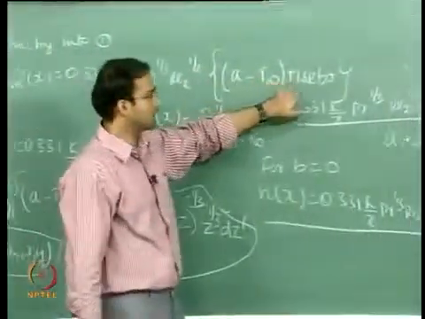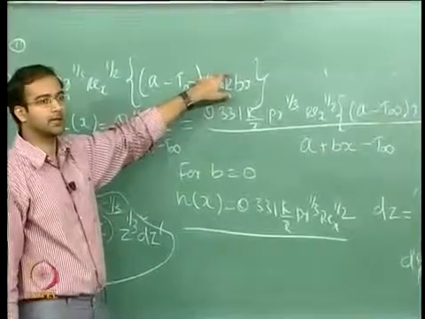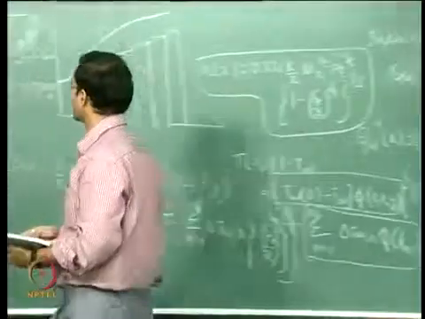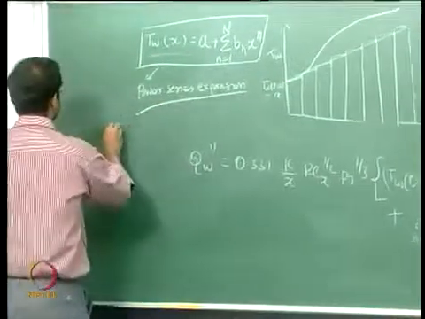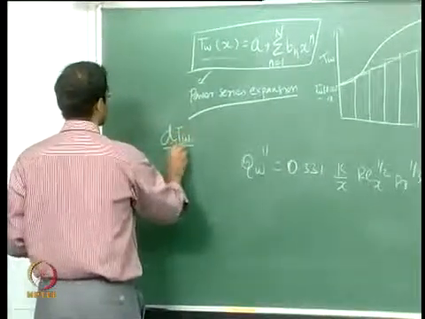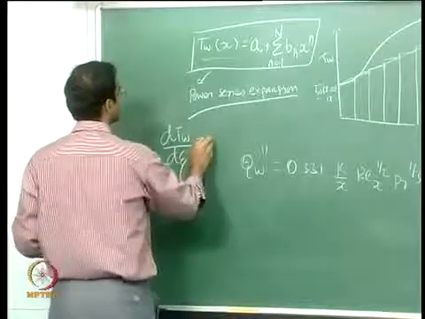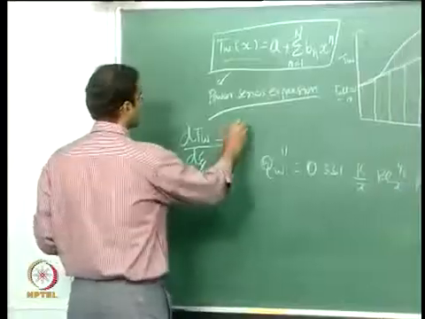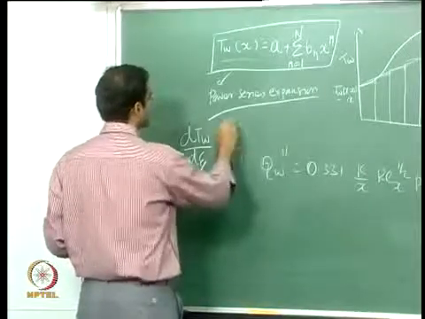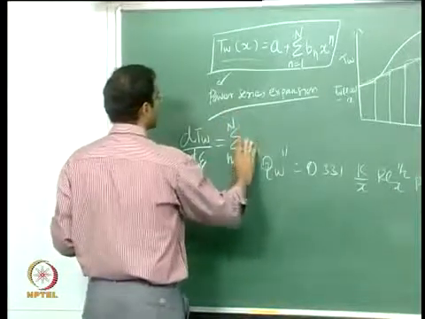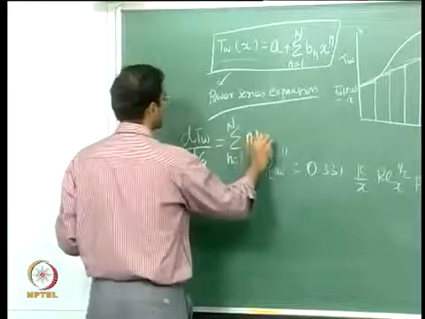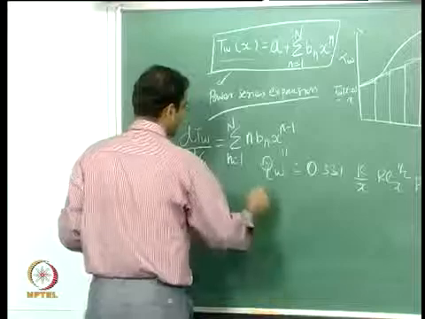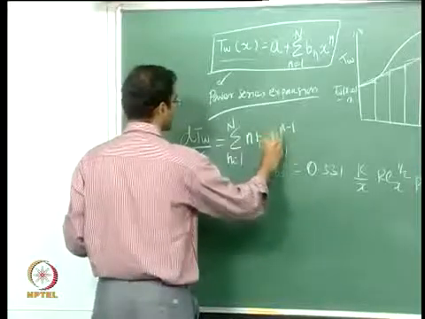So you had a term here, dT wall by d zeta. So now you have to calculate dT wall by d zeta for this. So what will be the expression for dT wall by d zeta? Summation n equal to 1 to N, you have n B n x power n minus 1, or zeta power n minus 1.